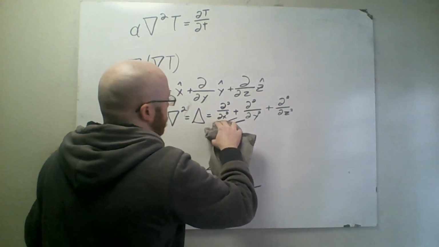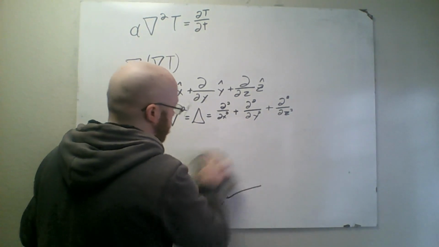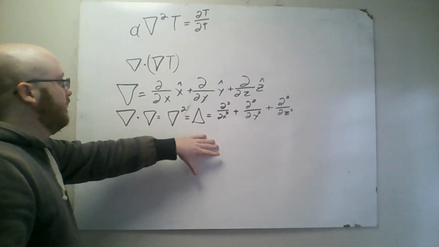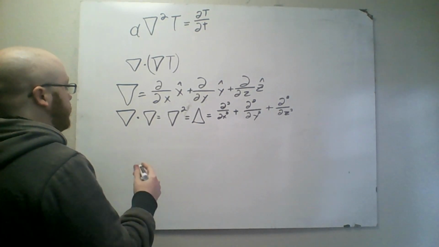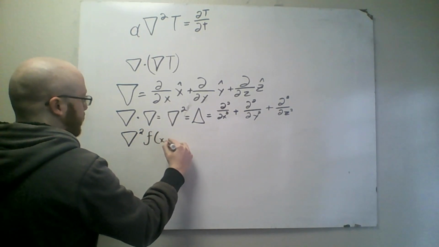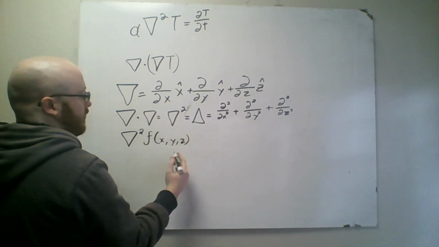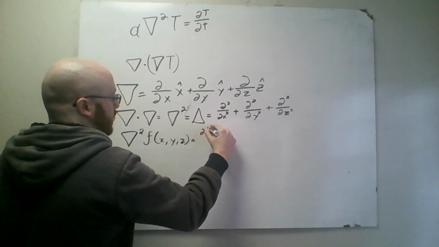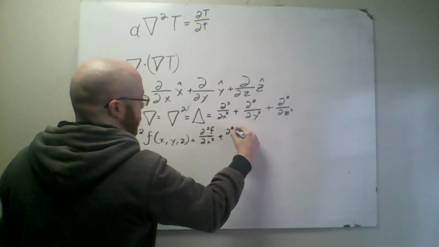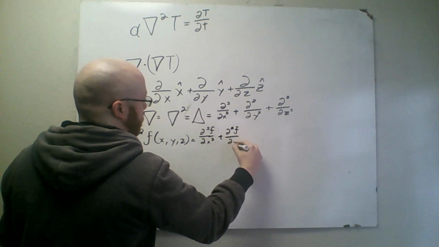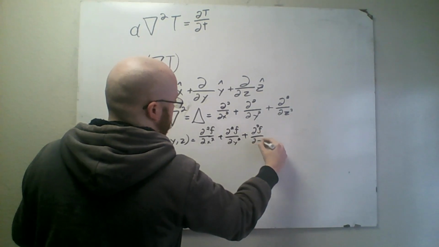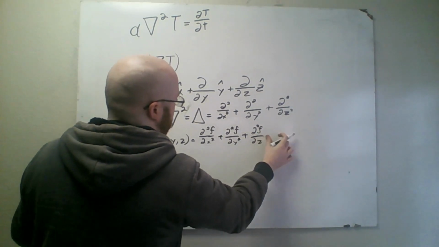the one-dimensional version basically just means that whatever you're taking the function of, right? So if we wanted del squared f of x, y, z, we would get d squared f over dx squared plus d squared f over dy squared plus d squared f over dz squared. I keep saying squared, it's technically not squared.